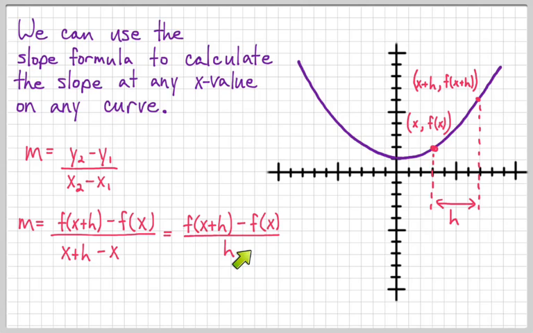Now that is the difference quotient, and I know it's not pretty, but it's really not as hard to handle as you might think it's going to be. There's a little algebra involved, but that's what makes it interesting. So let's take a look at a couple of difference quotient examples.